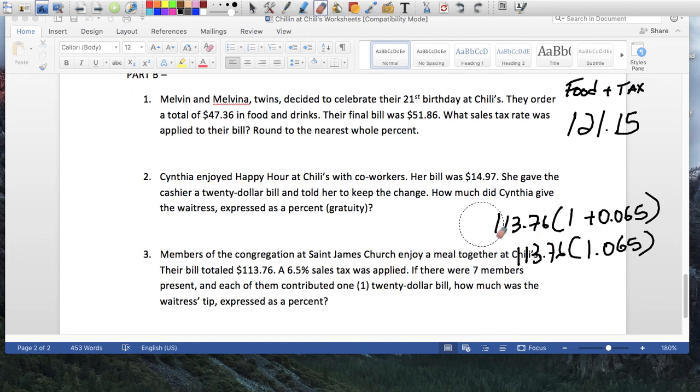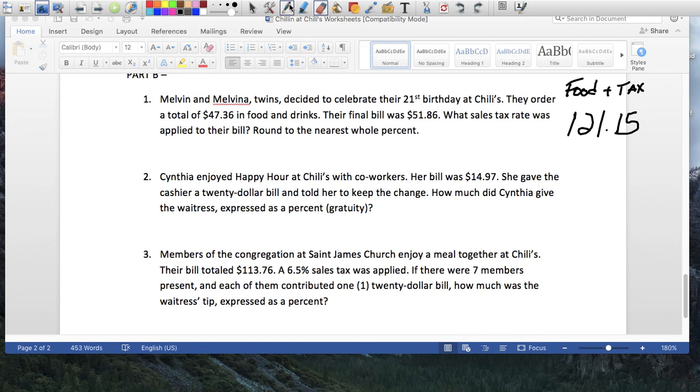So now they ask for the check. The check comes, and they each contributed $20. So 7 times 20, so they gave the waitress $140. And from now we can find what the tip was. New price, 140 minus 121.15. We can find what the change was over 121.15.